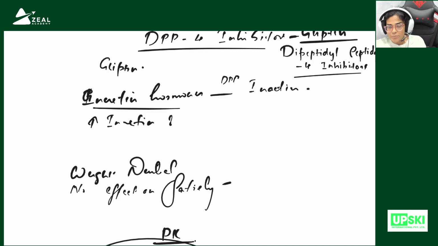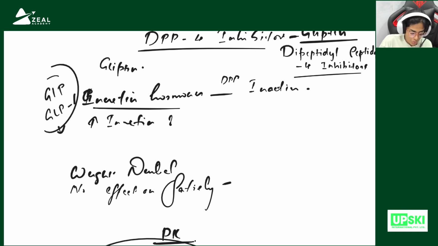Basically, the dipeptidyl peptidase 4 enzyme is responsible for the inactivation of incretin hormones. There are two incretin hormones in our body: GIP and GLP-1. Imagine this: these hormones are released in response to oral glucose.